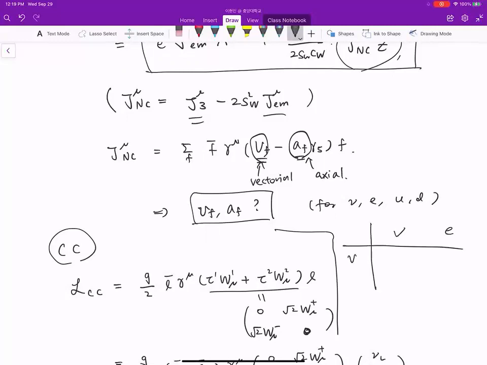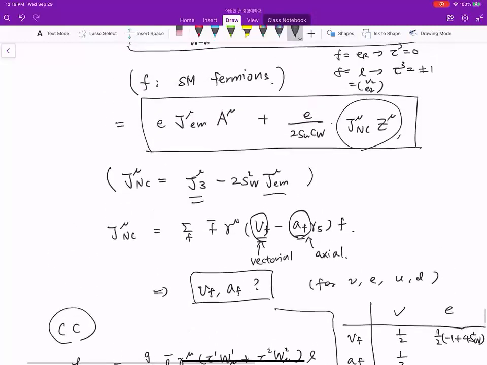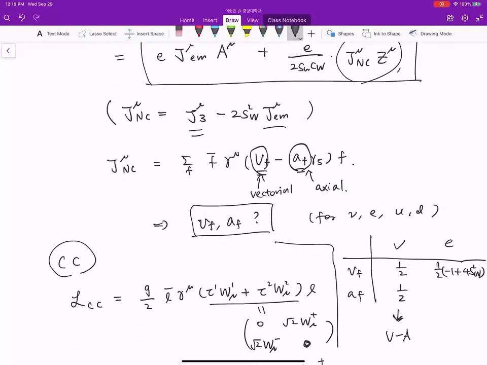The V for neutrino is 1/2. So in the case of neutrino, the neutral current also has a V minus A structure. For the electron, on the other hand, this is this one, and maybe we can do this one and then okay.